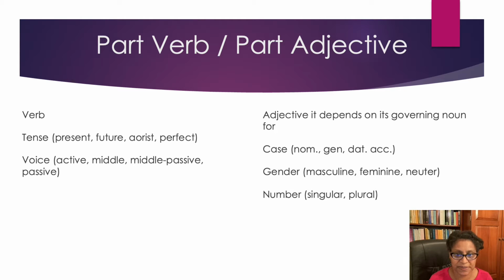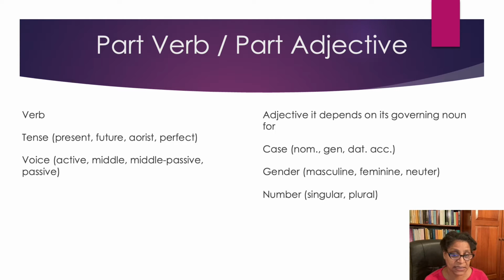So the thing about participles is that they are part verb and part adjective. The part that makes them a verb is that they have tense, so they can be present, future, aorist, or perfect, and they can also have voice.